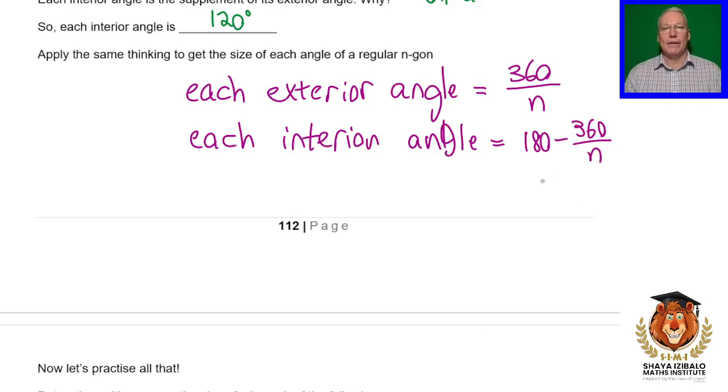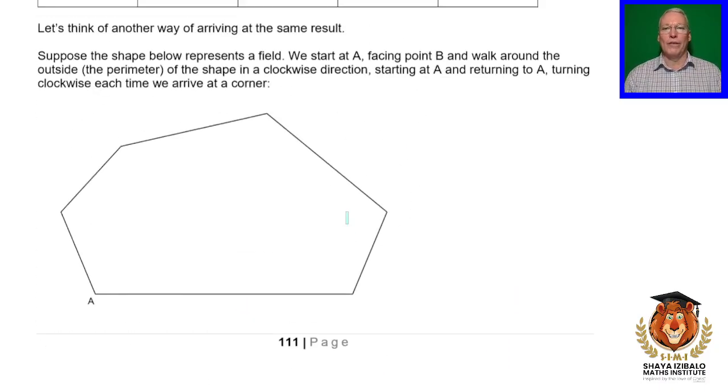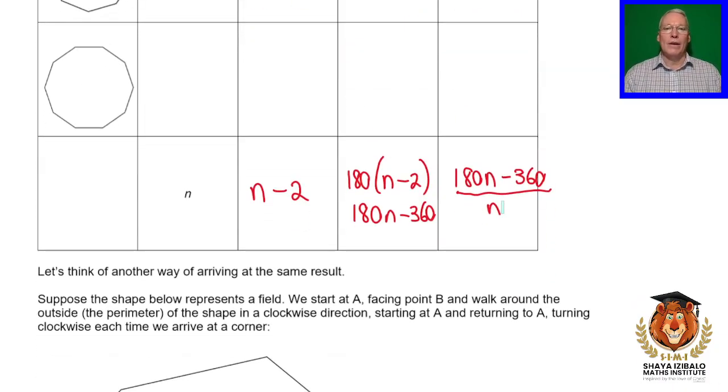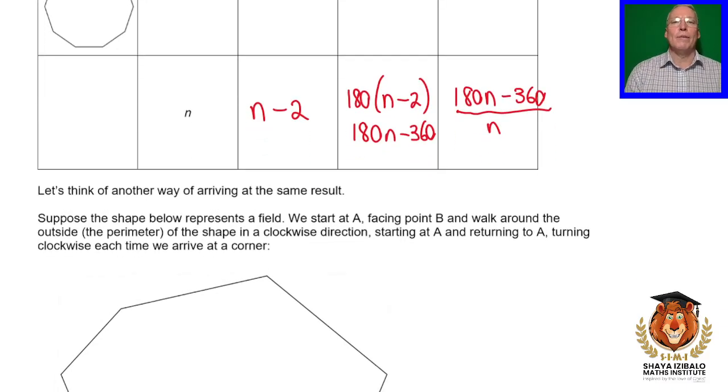And if we go back, and just remember that number there, 180 minus 360 over n, if we go back to the way we first did it, using triangles inside, there we've got what looks very similar.